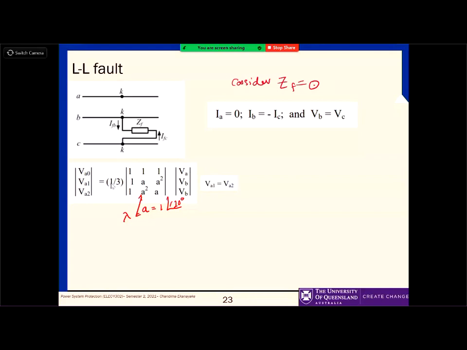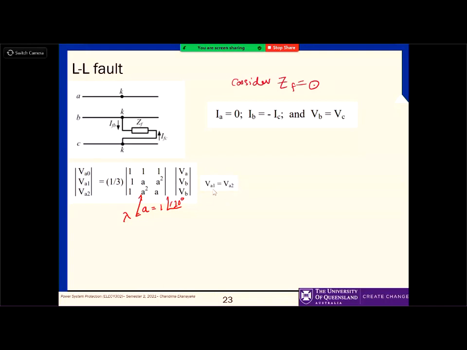Now why are these two equal here? Because you can see that these two terms are equal, and these two terms are interchanged here, right? If you multiply a squared by VB plus a times VB, in the other one, it is a times VB plus a squared VB, they are the same. Therefore, VA1 and VA2 are equal.